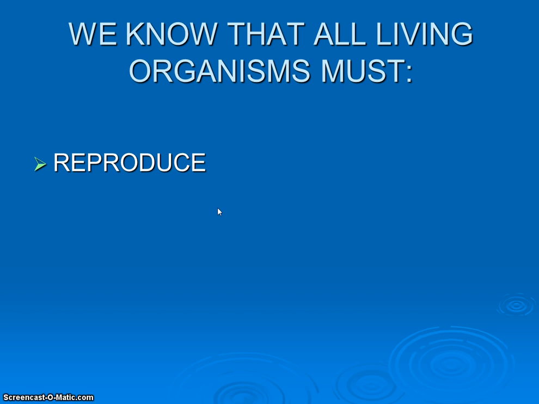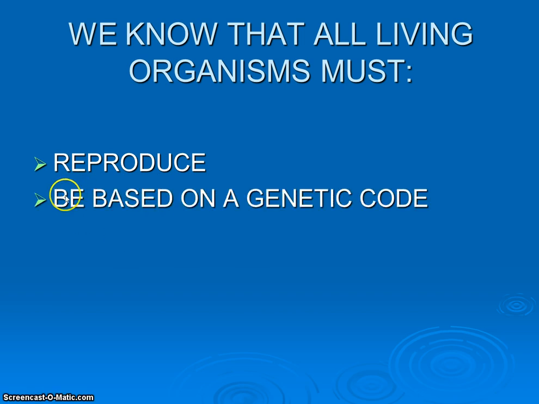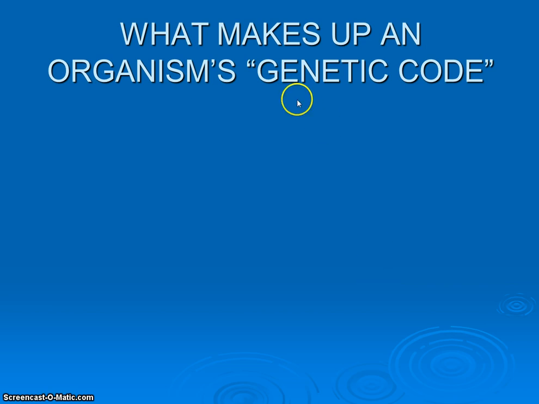The other key characteristic that we care about here must be based on a genetic code. Well, code, we've looked at that already and what that implies, but a genetic code, if you look at the word here, genetic, there's this gene, the first 4 letters.